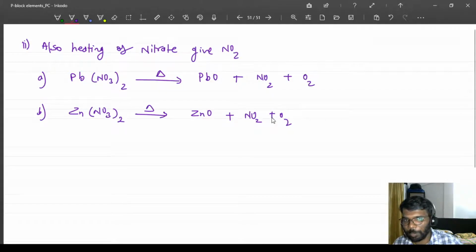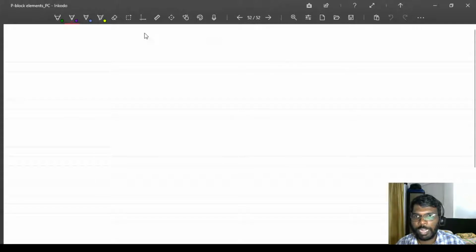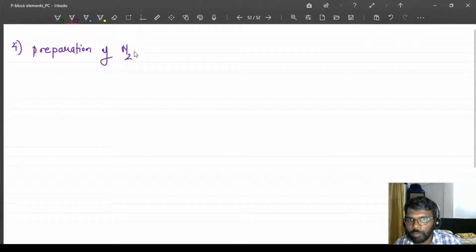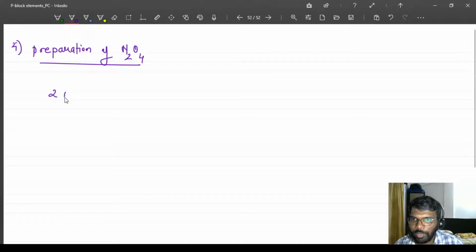Next oxide: since this was an oxidation state of plus 4, there is one more oxide of nitrogen where the oxidation state of nitrogen is plus 4. That is N2O4. So the preparation of N2O4 is very simple.